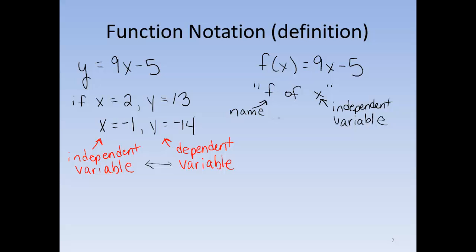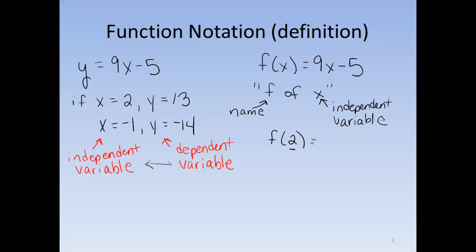So I can repeat what I did on the left-hand side and ask, what's f of 2? What this notation means is I'm going to take the function called f, and make my independent variable 2.